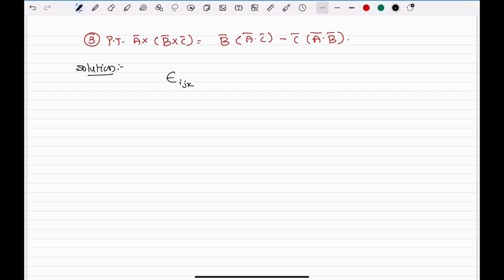Epsilon ijk, epsilon ilm is equal to delta jl delta km minus delta jm into delta kl. This is the identity which we have to use here. Because it is a cross product, epsilon is multiplied twice here. Epsilon ijk, epsilon ilm.